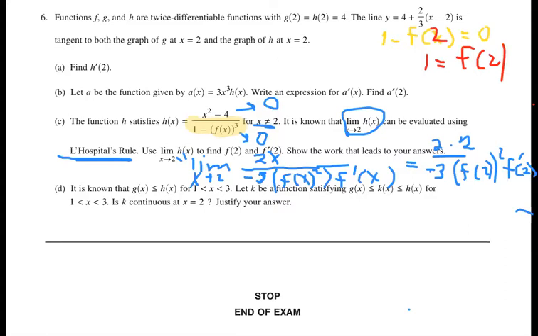So I can stick a 1 in here for this value. And then I need to find f prime of 2, which is kind of hard. Because of this twice differentiable statement up here about f, g, and h, that means they are continuous. So you need to actually say that f is continuous.